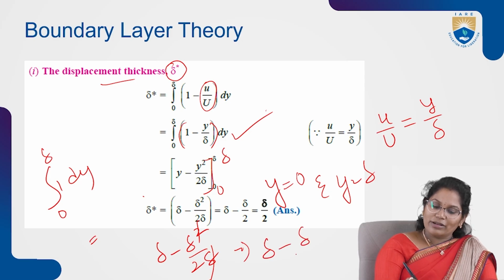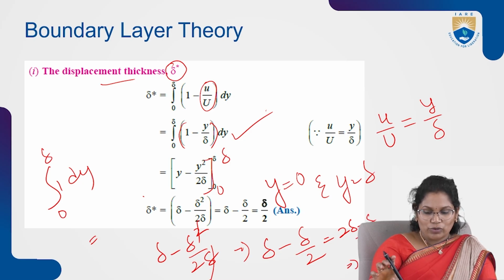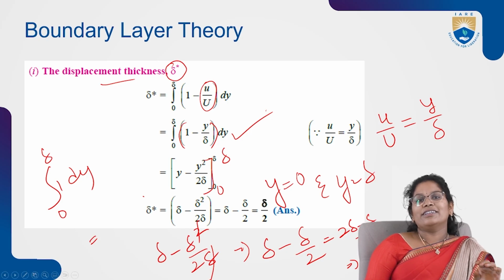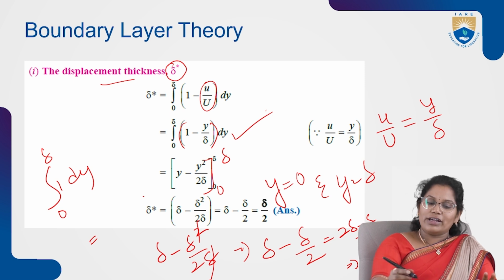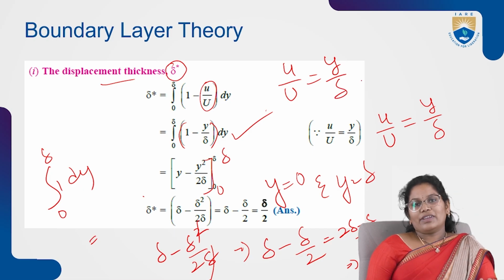Delta minus delta by 2, that is equal to 2 delta minus delta by 2, that is equal to delta by 2. So the displacement thickness is half of the boundary layer thickness for u by capital U is equal to y by delta. Right?